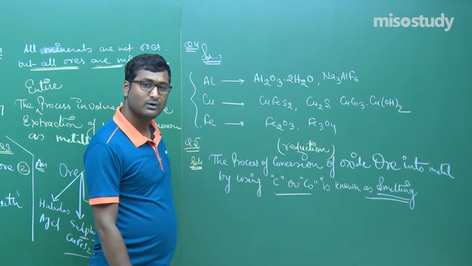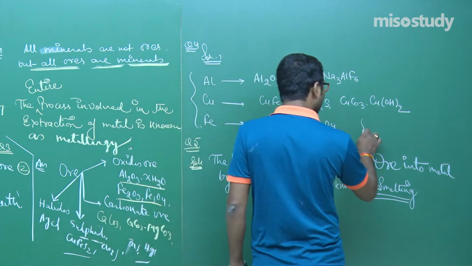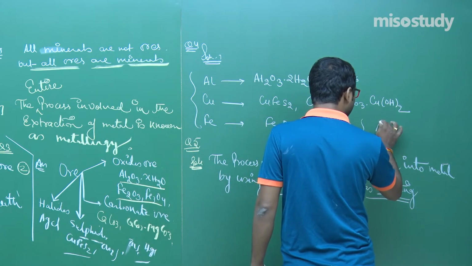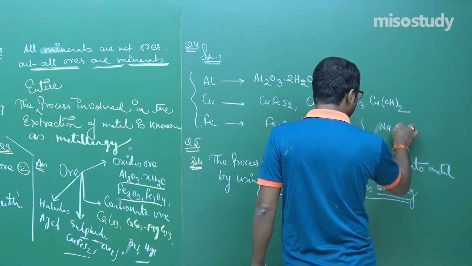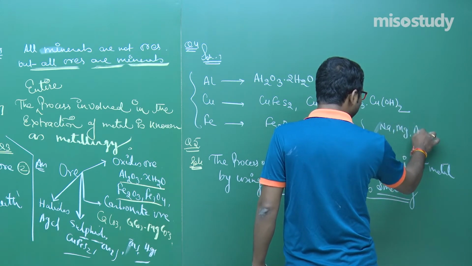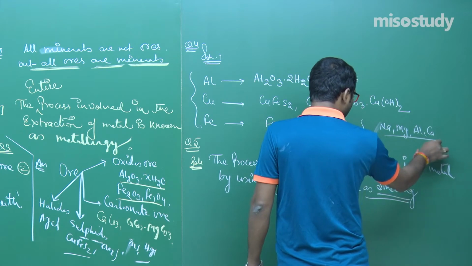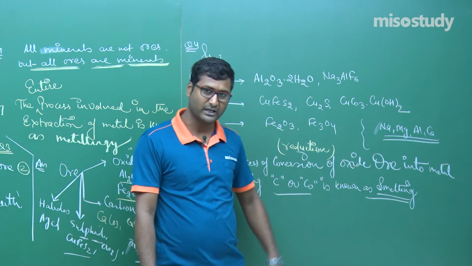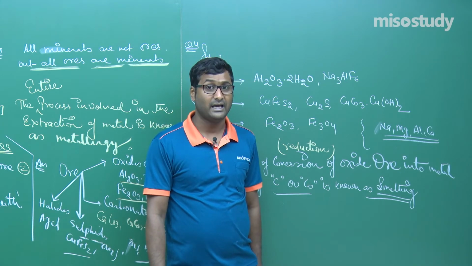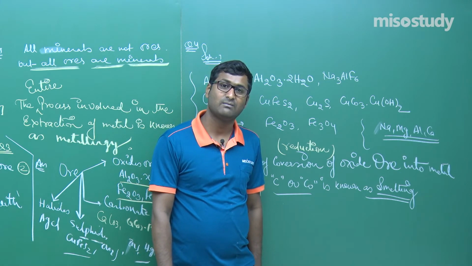But if anyone asks you, is it feasible in case of aluminum oxide, in case of sodium, magnesium, calcium? Can we use carbon and carbon monoxide for the reduction of their oxides to get the metal? Then this is not feasible. Why?